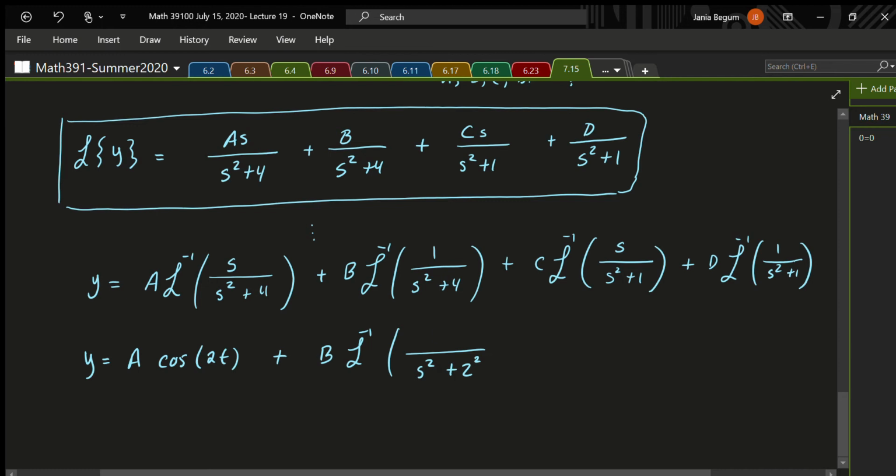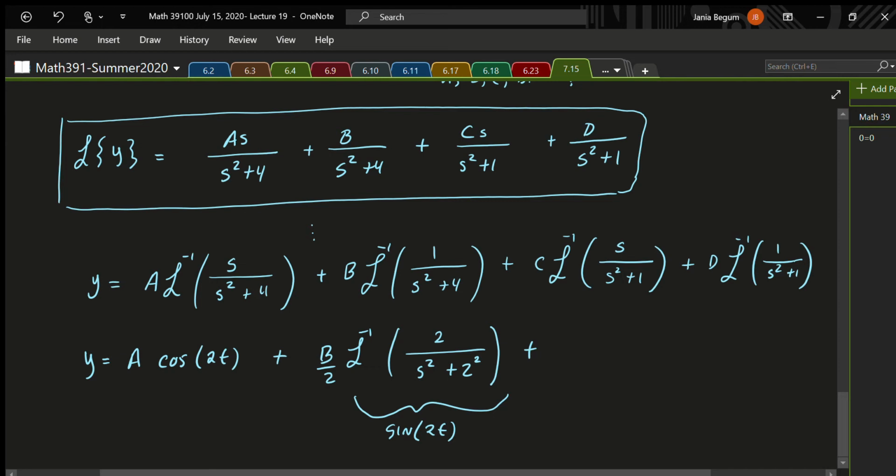So I have to have a 2 there. But if I force a 2 on top, I have to force a 2 on the bottom as well. Do you guys see that? So that will maintain the 1. Do you follow? Then it becomes sine, so this would become sine of 2t times b over 2. And then similarly, you just continue.